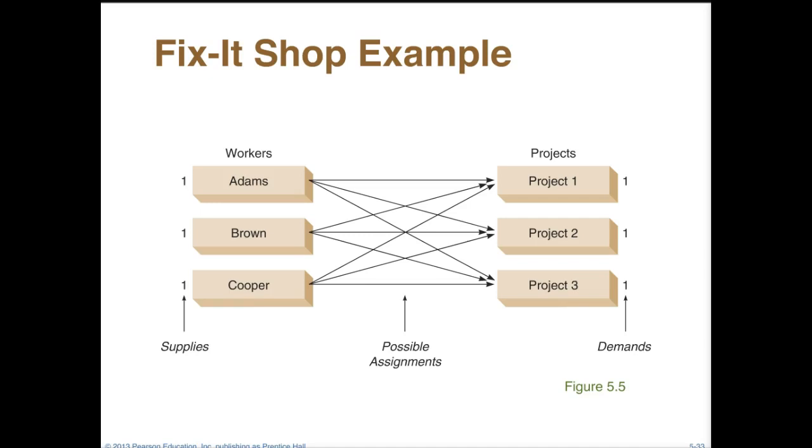So here, since we're trying to basically assign one worker to one project, all that we're dealing with here is ones. Okay? In particular, for Adams, since the workers are going to be the supply, meaning supplying the work, we're going to look at this as negative, and the project is going to be looked at as positive for the demand.